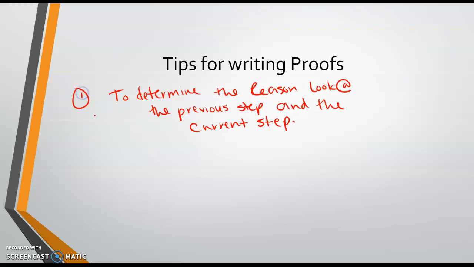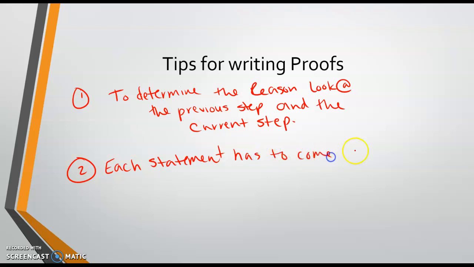So that's tip number 1. Tip number 2, each statement has to come from some statement before it. You can't just randomly take something out of thin air and now add it to your proof.